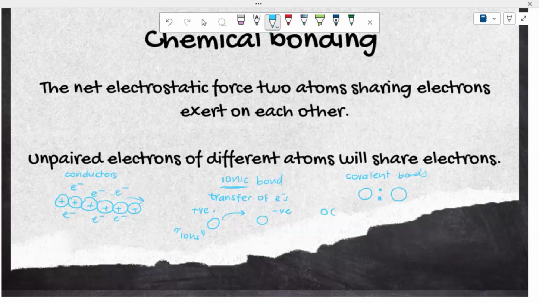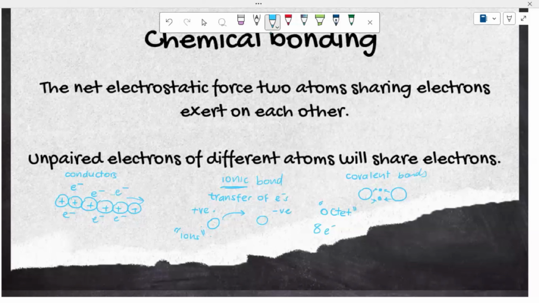Because remember, octet rule is the idea that each atom is striving to have a full outer orbital, right? So sometimes to fulfill that rule, we have to share electrons between two atoms where both of them have access to both electrons. Okay, so that's just a brief, very quick reminder of your 3 different chemical bonds.